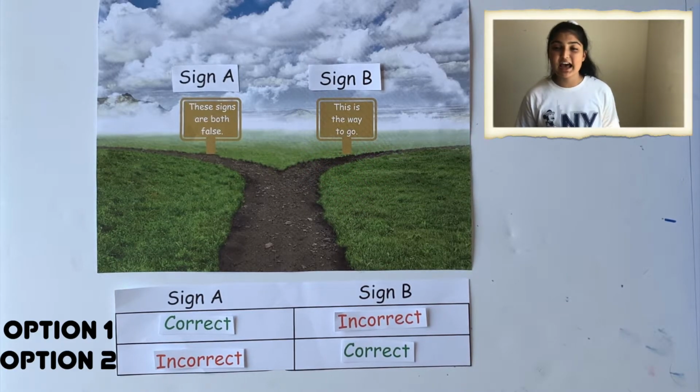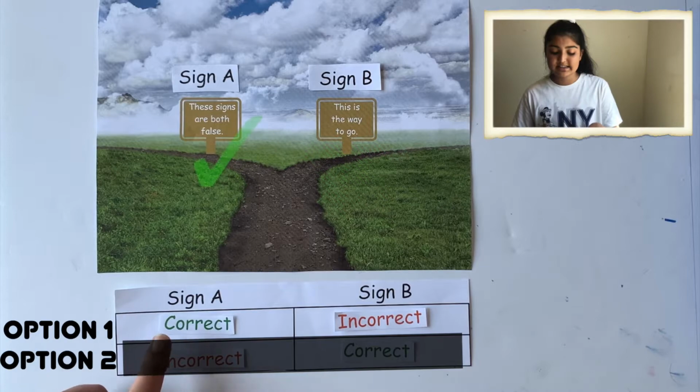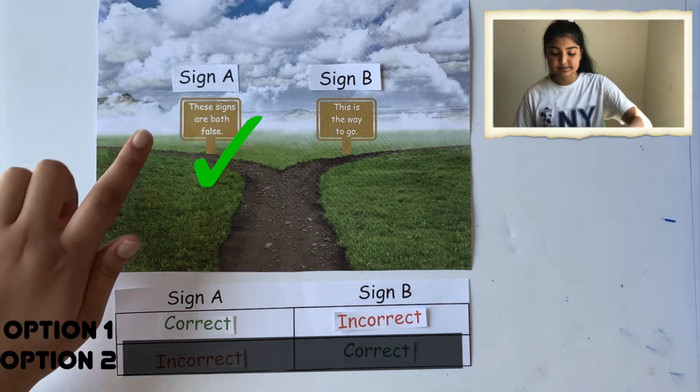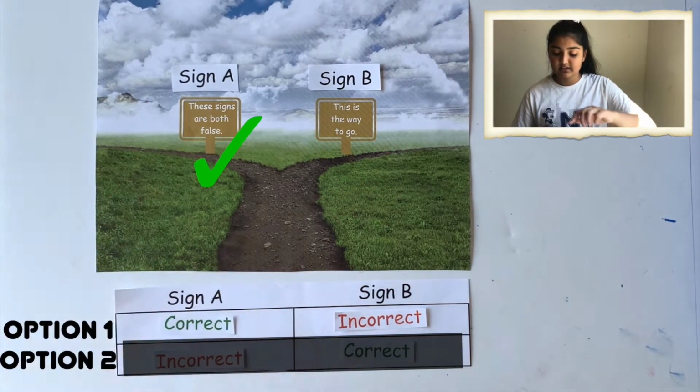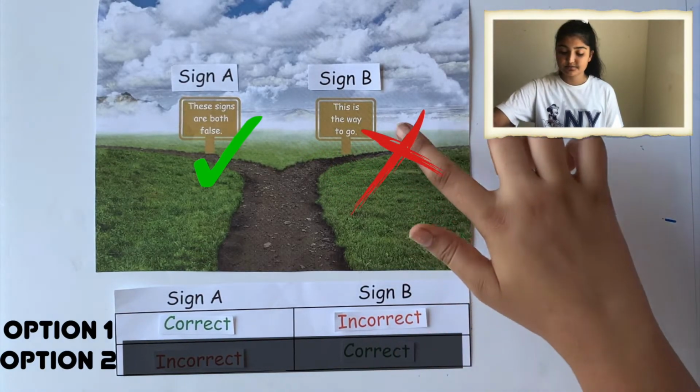So let's look at these options individually, starting with option 1. In option 1, sign A is correct, and sign B is incorrect.